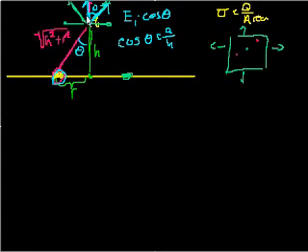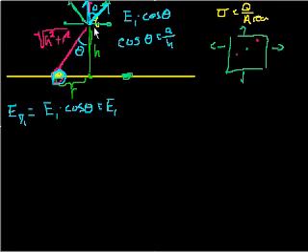We get that the y component of the electric field due to just this little chunk of our plate, let's call that E sub 1 y, because this is just a small part of the plate, is equal to the magnitude of the electric field from this point times cosine of theta, which equals the electric field times the adjacent, the height h, over the hypotenuse, the square root of h squared plus r squared.